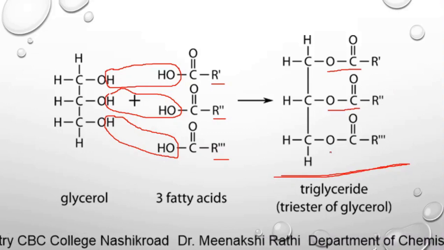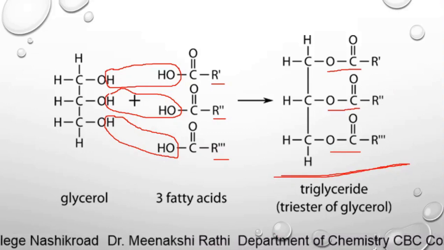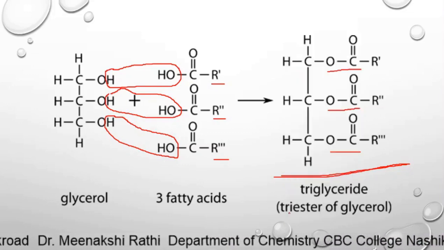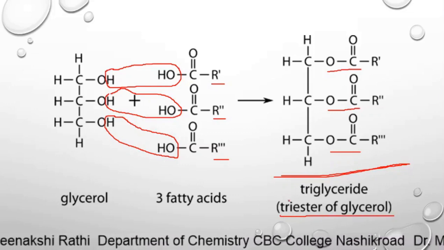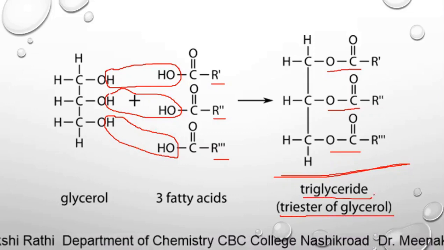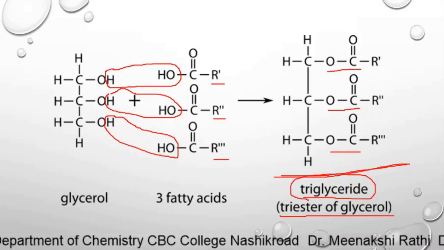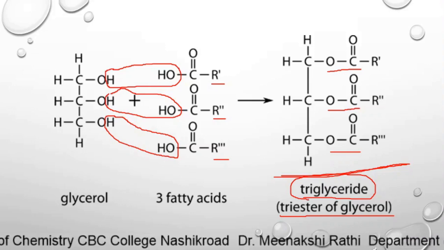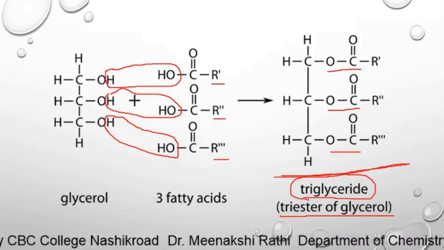OCO. As there are 3 esters formed, it is called a triester, and as it is formed from glycerol, these are called triesters of glycerol, or triglycerides. These are the basic structures of the lipids, and hence it is very essential to understand what you mean by triglycerides.